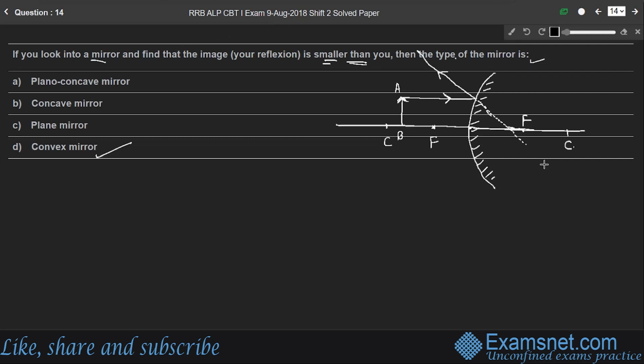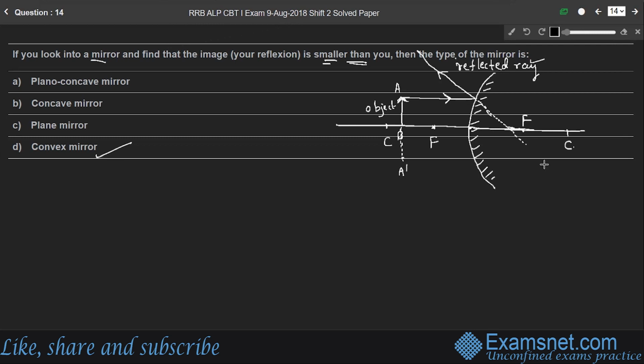Just produce the reflected ray backwards as a dotted line. Here AB is the size of the object, this is the object or any person. Let us draw the virtual size of the object as A dash B.